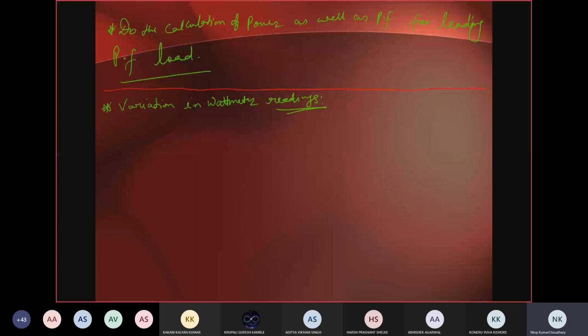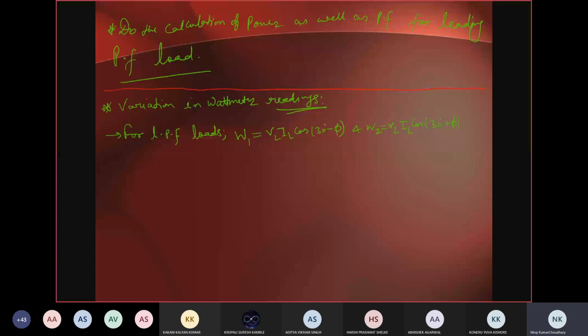We have seen that for lagging power factor load, the reading of the two wattmeters was W1 equal to VL IL cos(30 degree minus phi), and W2 equal to VL IL cos(30 degree plus phi). This we have obtained with the help of the phasor diagram.